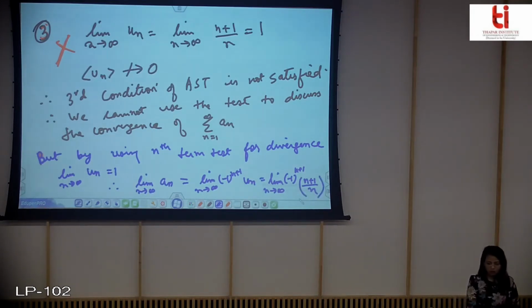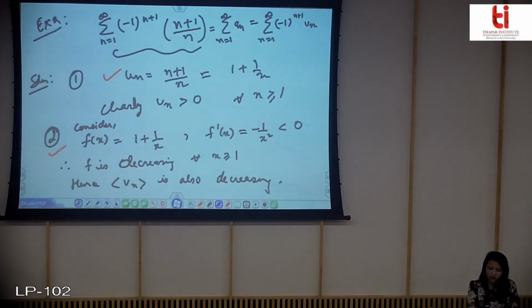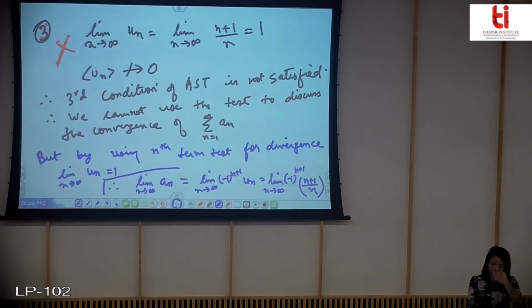So see, I have written this because I have already used an as minus 1. This is equal to this. So I have used this to find the limit of an.